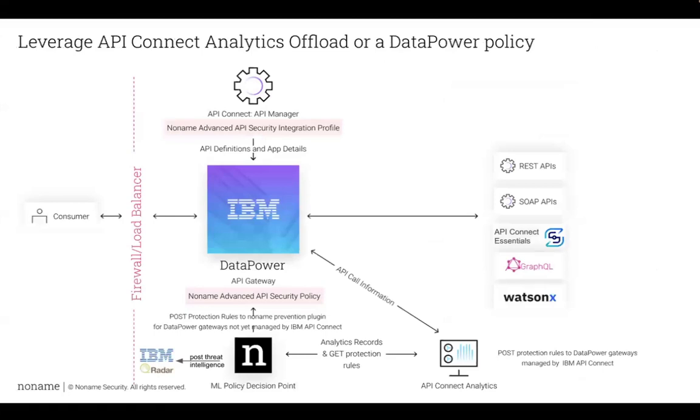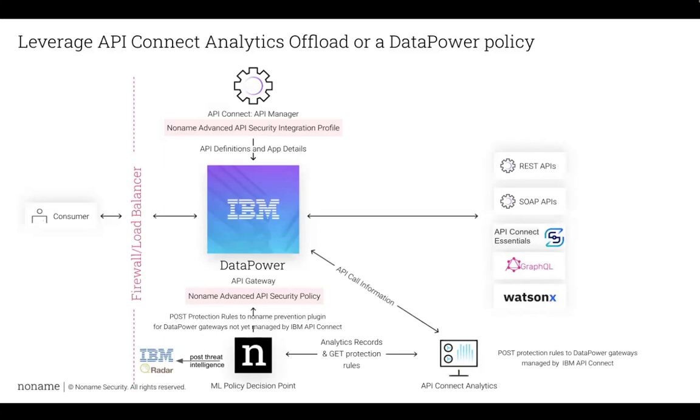The architecture looks like this, where traffic comes in through the consumer tier on the left-hand side through your DataPower Gateway and goes directly to your REST, SOAP, and API Connect Essentials, GraphQL APIs, and even LLM APIs like watsonx. Noname is observing what's happening. We're not adding a new hop on the wire. Noname is acting as a machine learning powered policy decision point that is integrating with DataPower as the policy enforcement point.